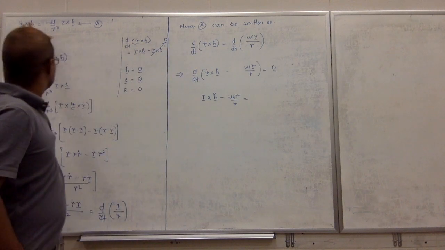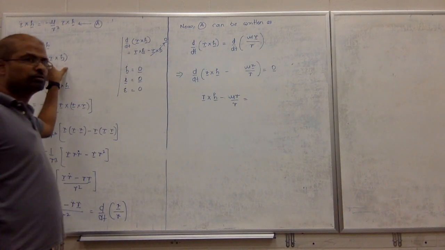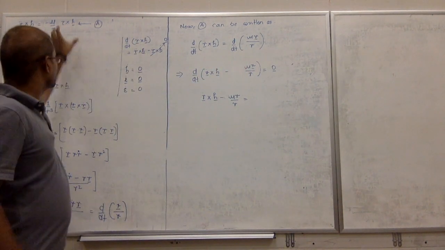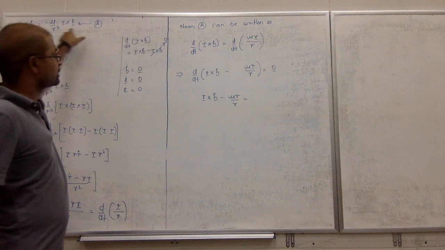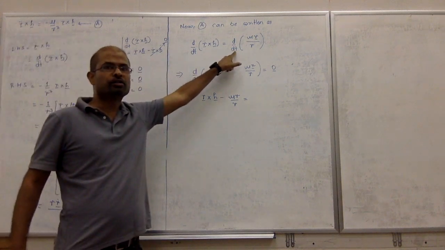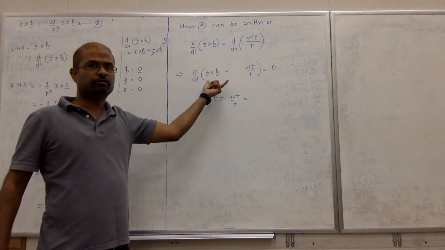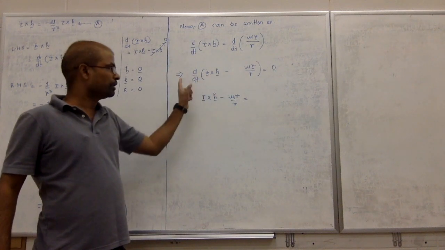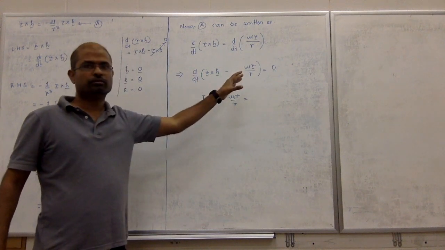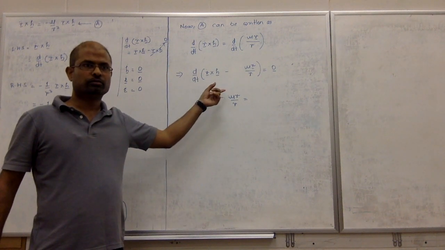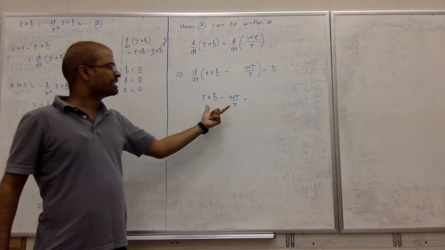I've derived this left hand side here, right hand side here. I'm writing this as equal to this, and I'm just moving this to the left hand side and applying the derivative to the whole thing instead of one item. What is this?